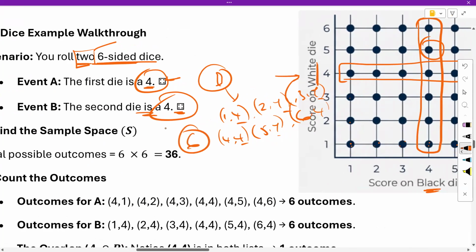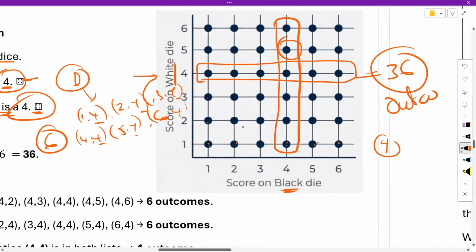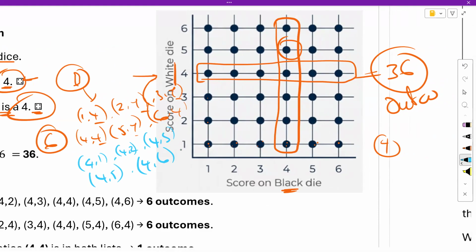Here event A, the first die: I write in blue, 4 comma 1, 4 comma 2, 4 comma 3, 4 comma 4, 4 comma 5, 4 comma 6. So 6 outcomes.